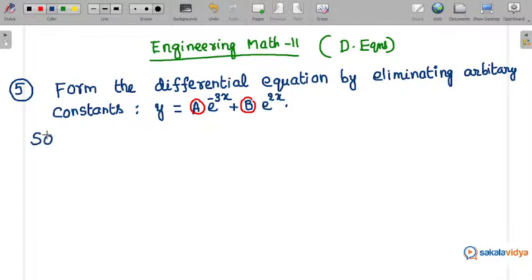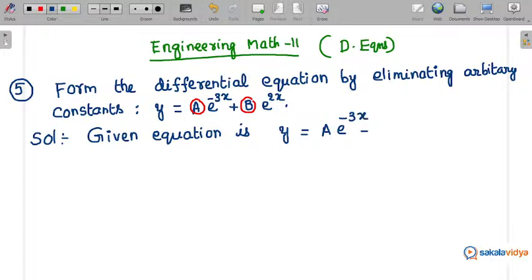Solution: given equation. So, what is the given equation? Given equation is y equals a times e power negative 3x plus b times e power 2x.